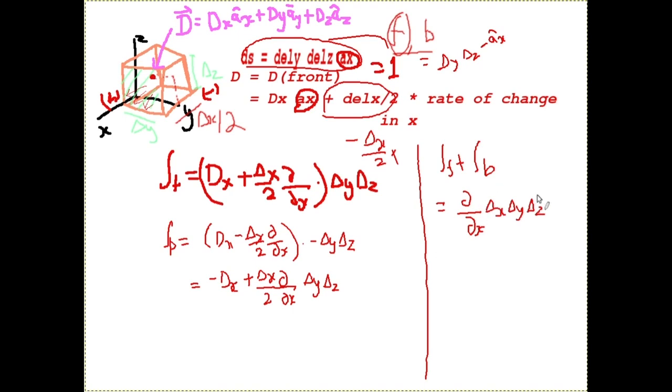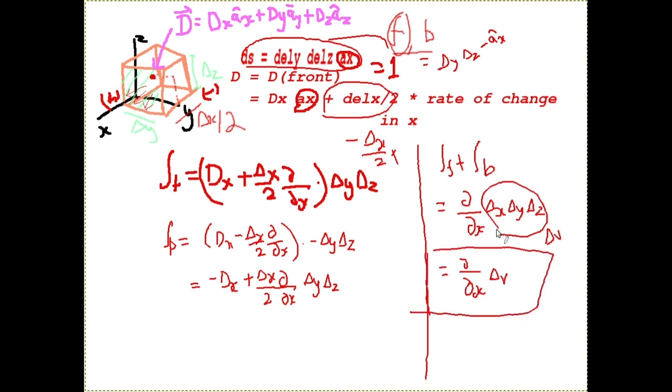Now I can rename delta x, delta y, delta z as delta v also, which in turn gives me the partial differentiation with respect to x of Dx times delta v. So this is the result we got when I do the summation for front and back.